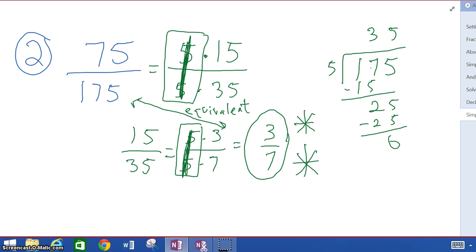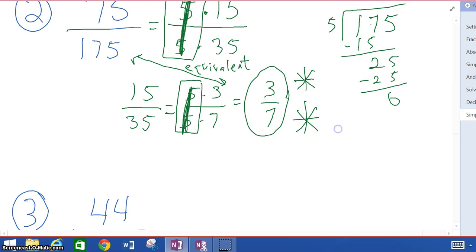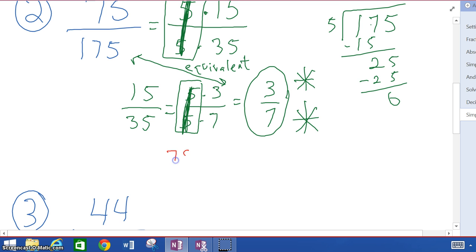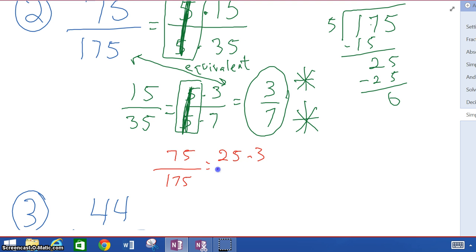Now, we could have split that up a different way. We could have used a different factor. So, for example, I could have made 75 over 175 into different factors. I know 75 is 25 multiplied by 3.